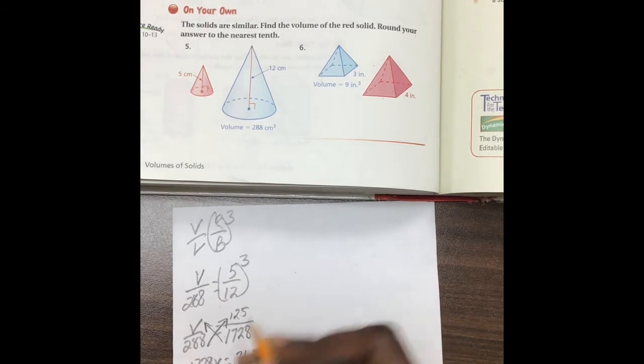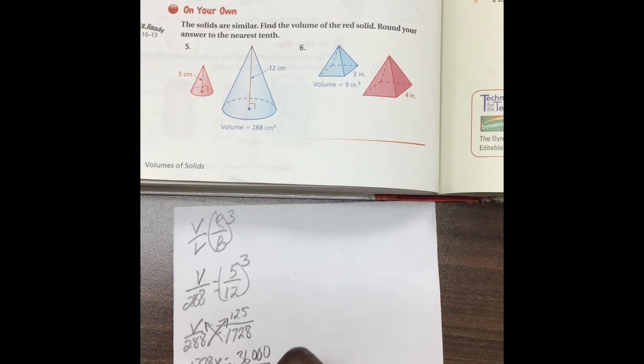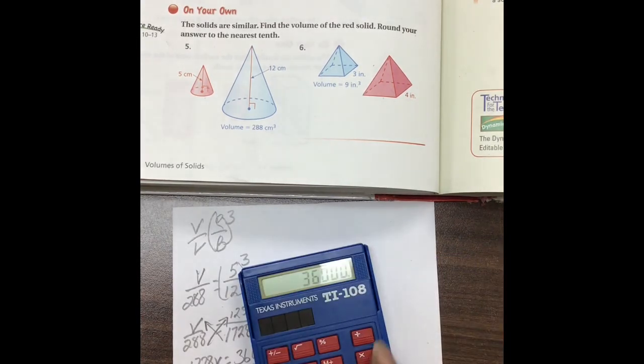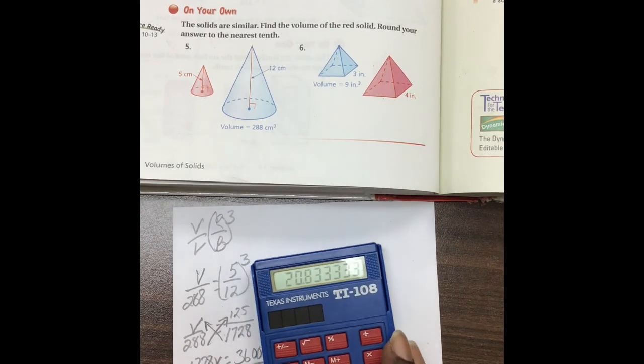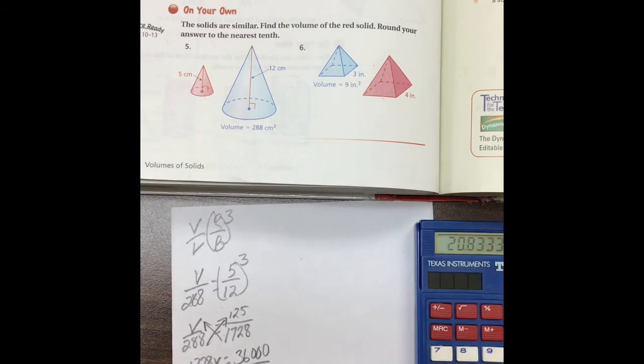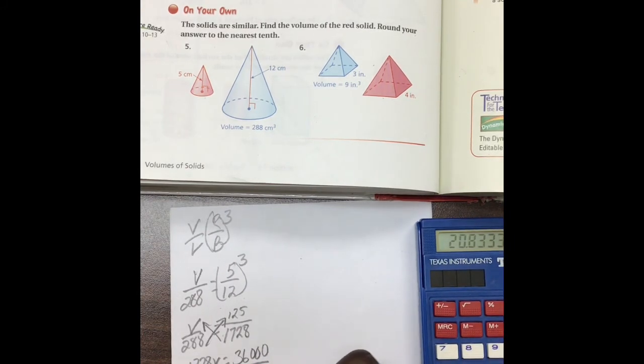Divide both sides by 1728. V is equal to 20.8. And that would be centimeters cubed.